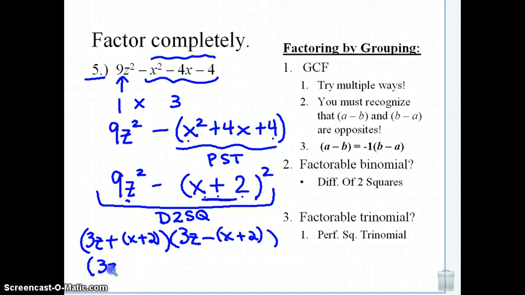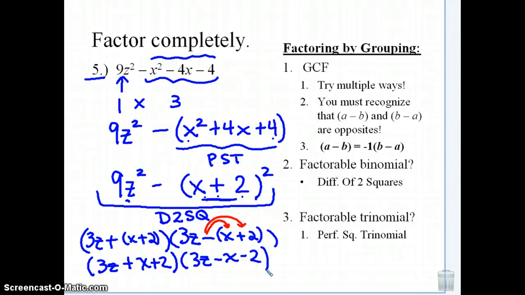We have to get rid of the parentheses, so I have 3z plus x plus 2 times the quantity 3z minus x minus 2, because we have to distribute that negative 1 to both terms. When I do that, I have my final factored form right there.